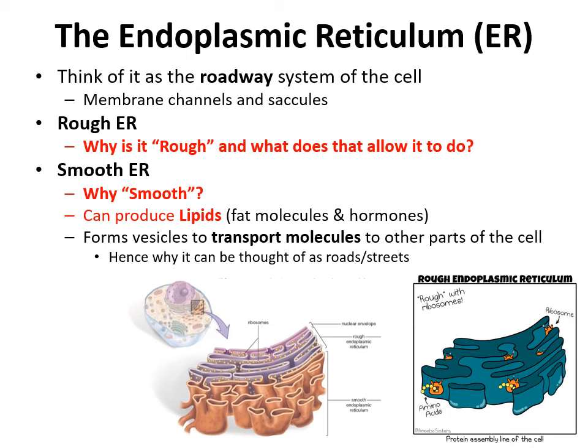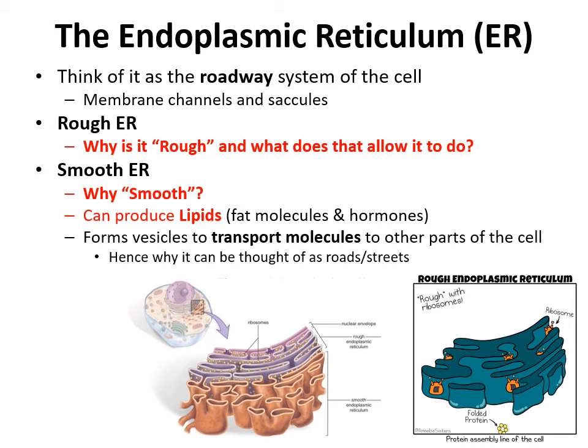Even though they're smooth because they don't have ribosomes, when you hear smooth, if you think oily, waxy, it'll remind you that the function of the smooth ER is to produce lipids, which can include fat molecules and hormones. And the reason why it's thought of as roads or streets is that they package up these molecules.